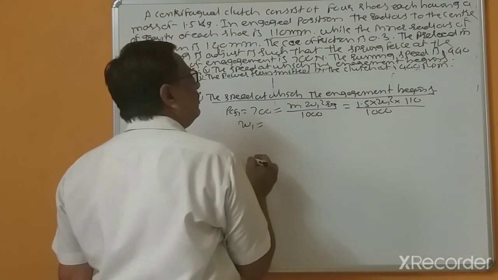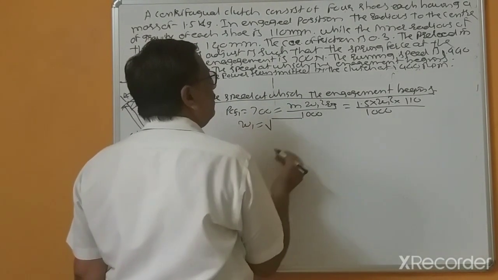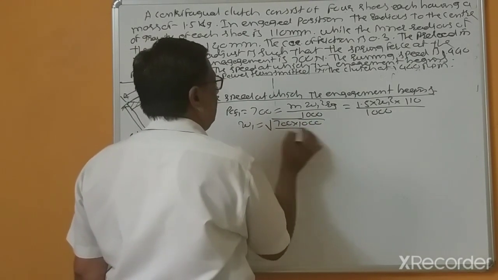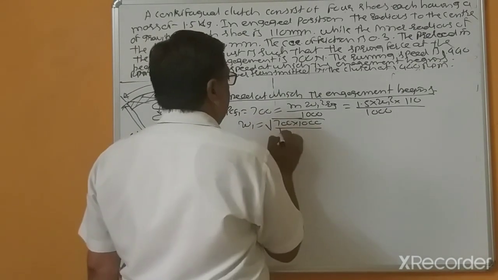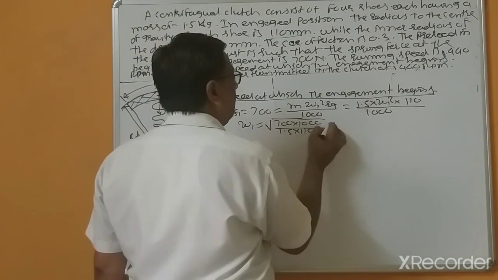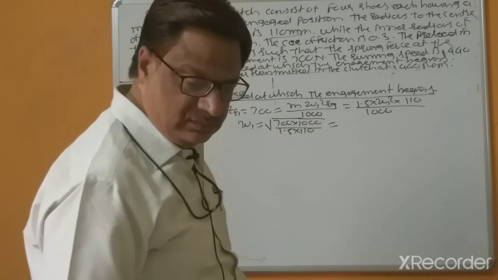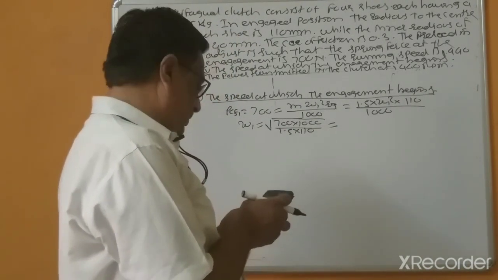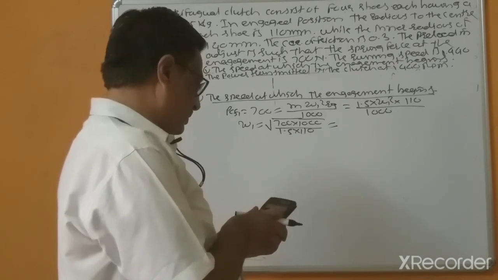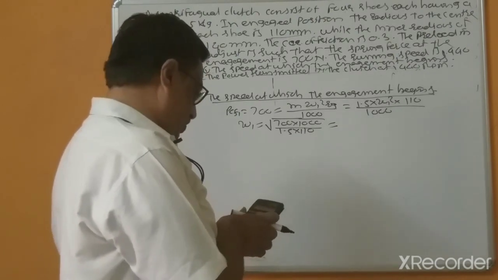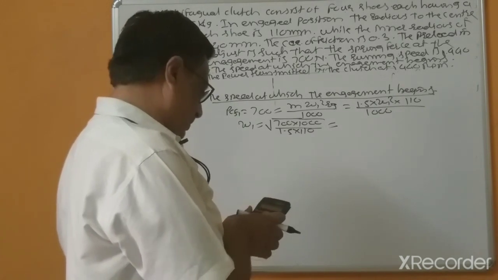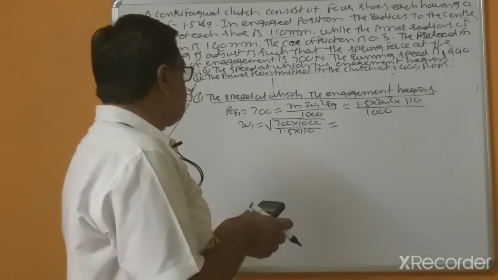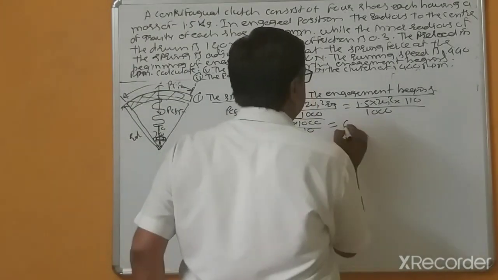Omega 1 equal to under root 700 into 1000 divided by 1.5 and divided by 110, which is 65.13.